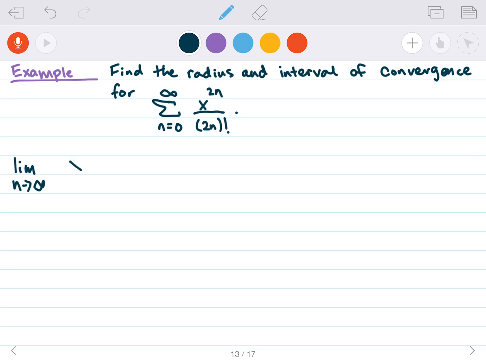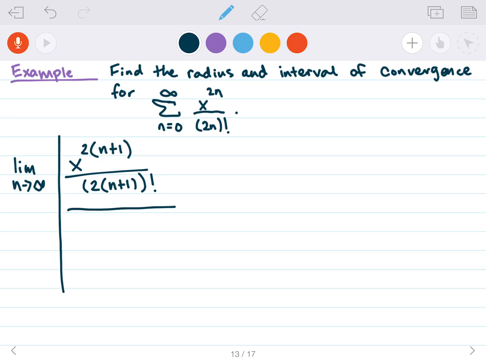So I get x to the 2, and I'm going to be super careful here and make sure that in parentheses comes n plus 1, divided by 2 parentheses n plus 1 factorial, and this is in absolute value bars. Then I'm going to divide by just the regular formula that they give us, x to the 2n over 2n factorial. Okay, so far so good.